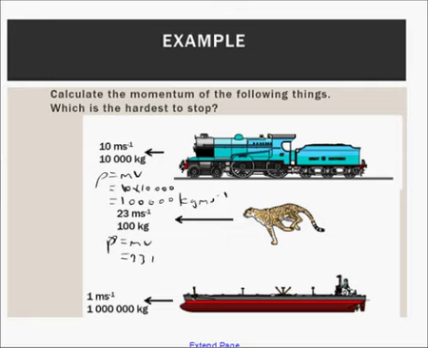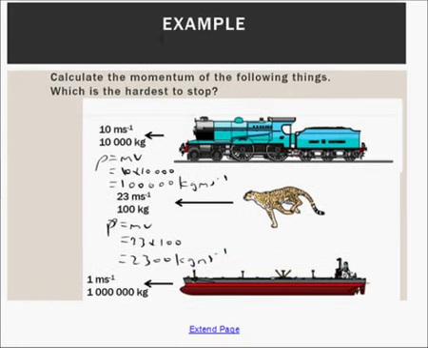So this is 23 times 100, so 2300 kg m s^-1. So far the train is much harder to stop, even though that cheetah is moving pretty quick. Actually, I suppose it's a leopard, is it? Anyway, doesn't matter. We'll leave that to biology.